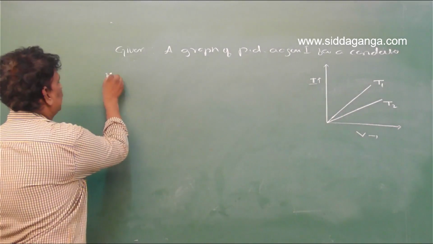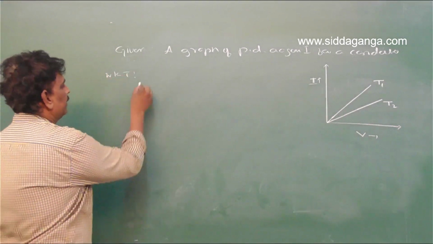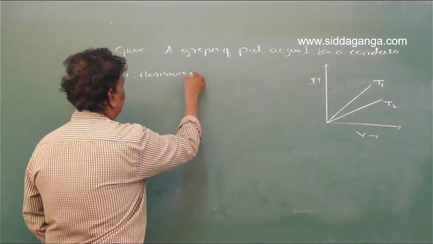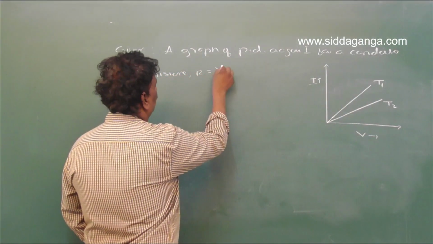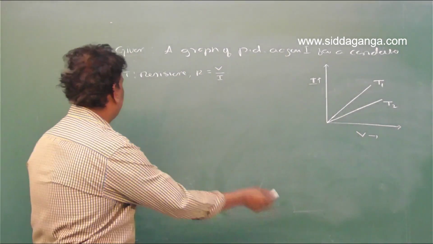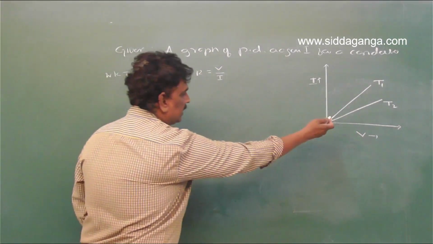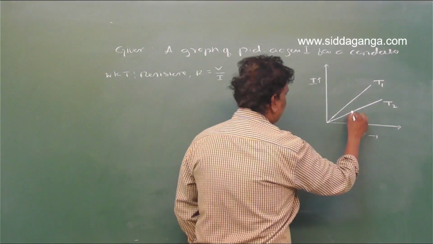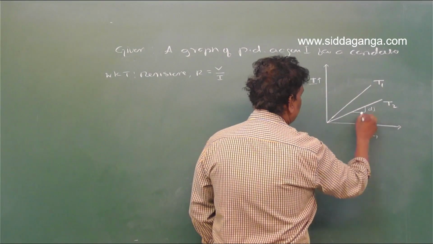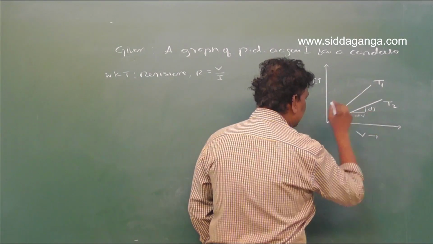So we know that the resistance of any conductor, R, is equal to V by I. But here the slope of the curve represents dI by dV.